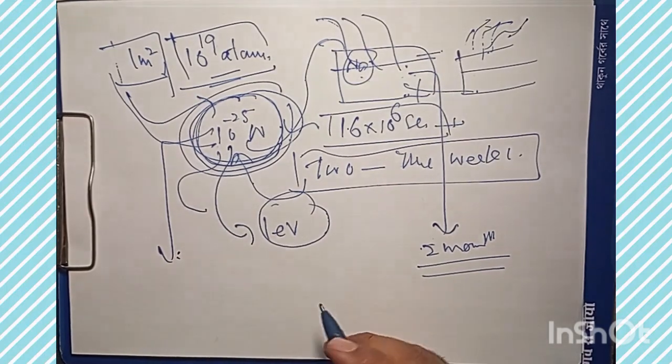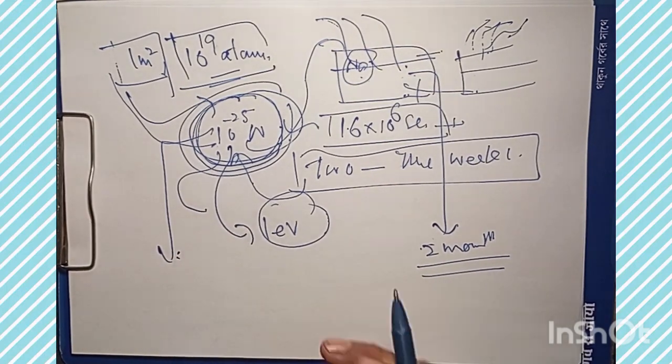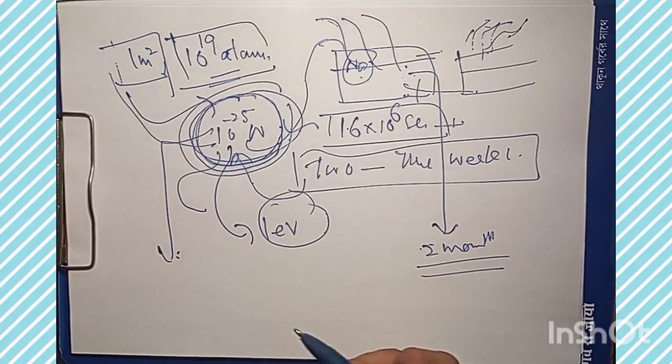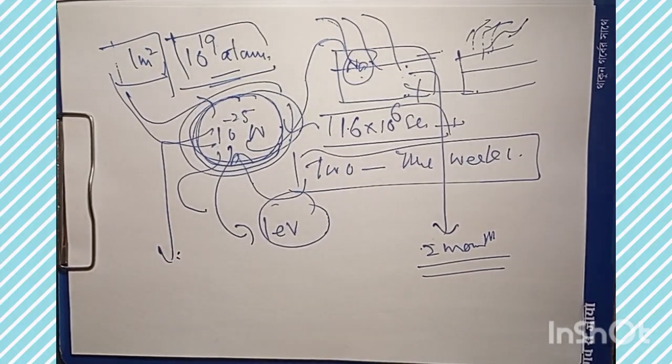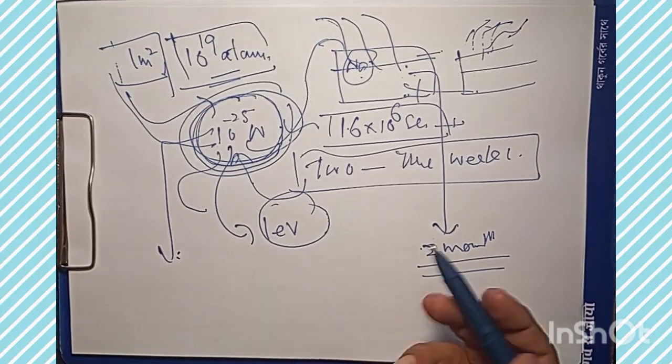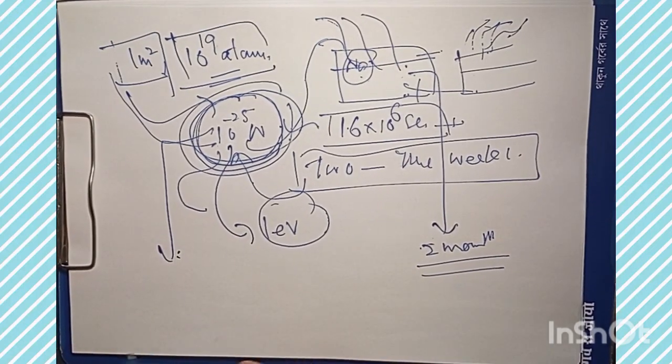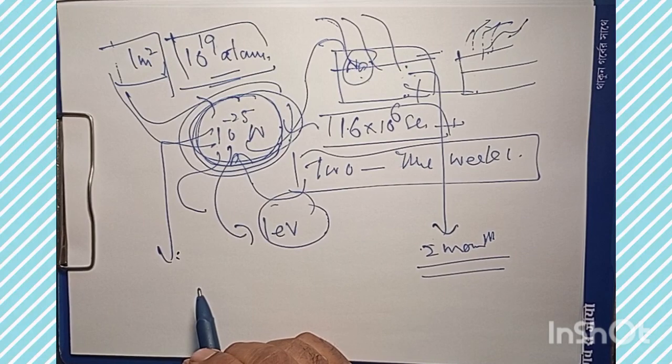So this is a failure. Hence, the electromagnetic theory fails to explain why there is no time lag between the instant the light falls and the emission of the photoelectron that we have observed in the experiments.